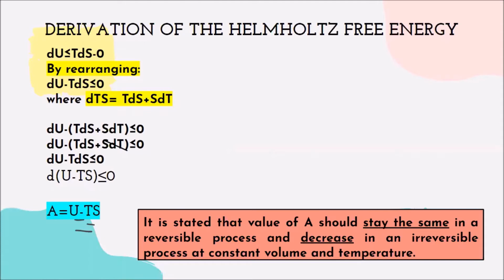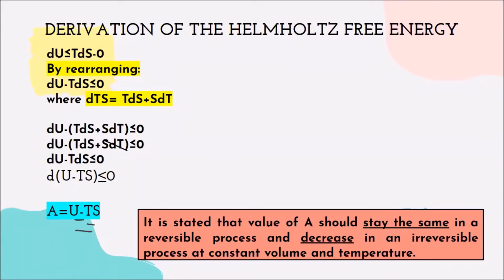So substitute d(TS) into the previous equations and we will get the change in internal energy minus the product of temperature and change in entropy plus the product of entropy with change in temperature is less than or equal to 0. Also, in Helmholtz free energy, temperature remains constant. So we can cancel out SdT and change in internal energy minus the product of temperature and change in entropy is less than or equal to 0.